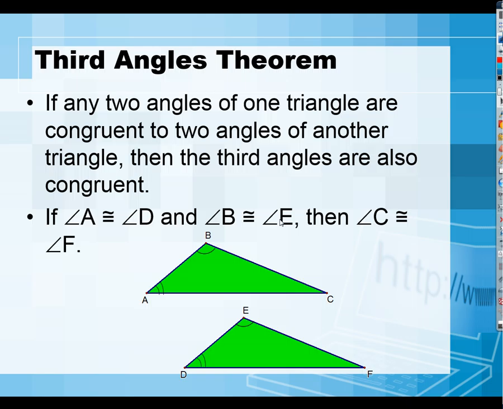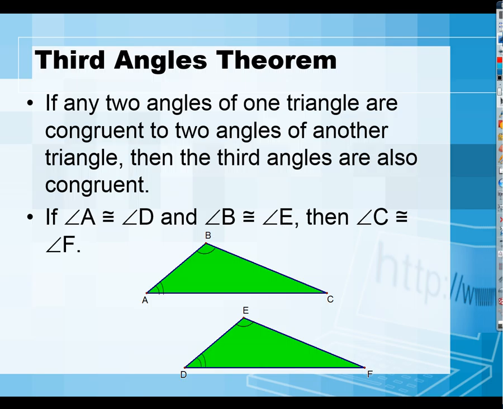And if the measures are equal, then wouldn't it be true that the measure of angle A plus the measure of angle B must equal the measure of angle D plus the measure of angle E by the addition property, right? Okay. And then if that's true, we could say that 180 minus the quantity measure of angle A plus the measure of angle B equals 180 minus the measure of angle D plus the measure of angle E, right?